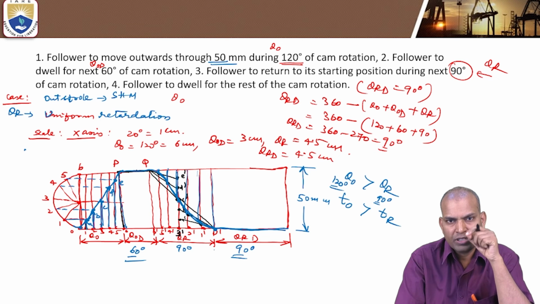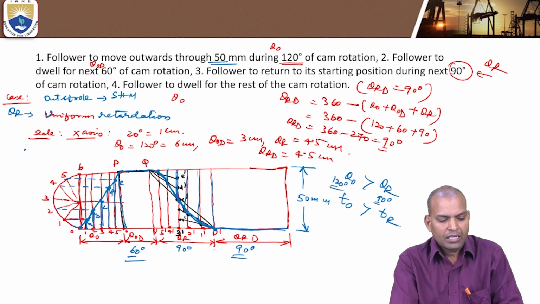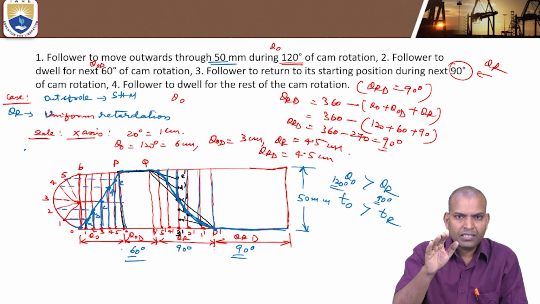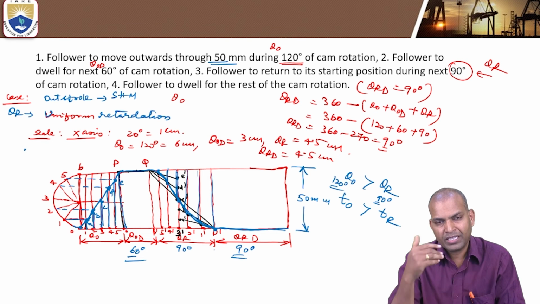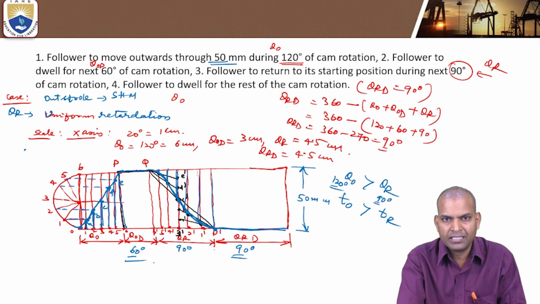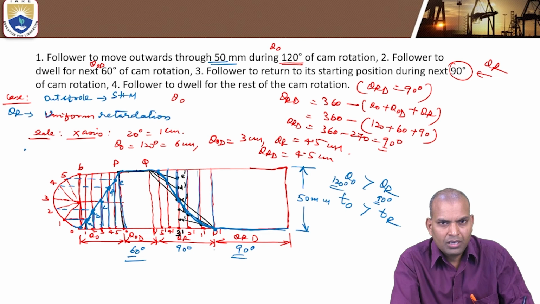The dwell next to return stroke is more than the dwell next to outstroke. So you can understand here, the outstroke takes more time, dwelling is low and return is low, and the dwell next to return is high, that is 90 degrees. So this is the angle of rotation.